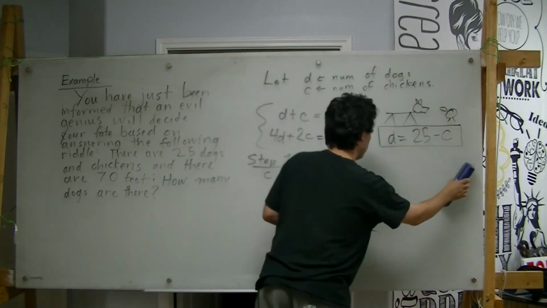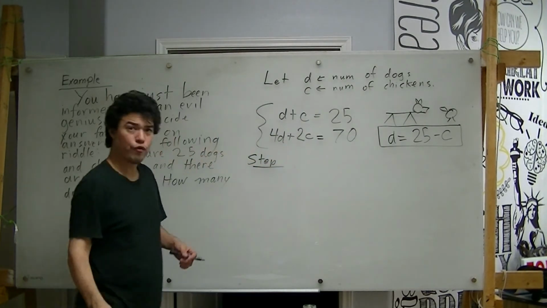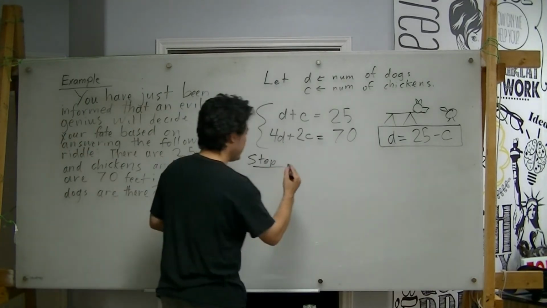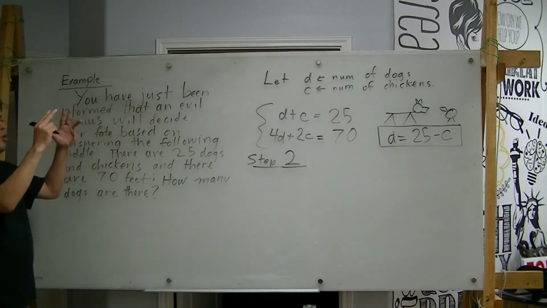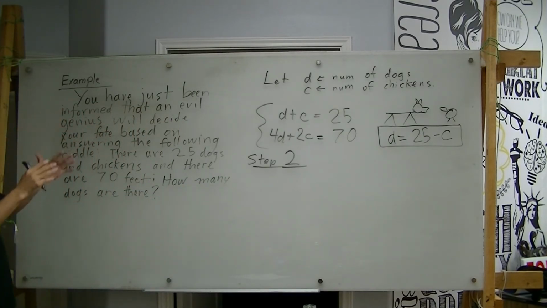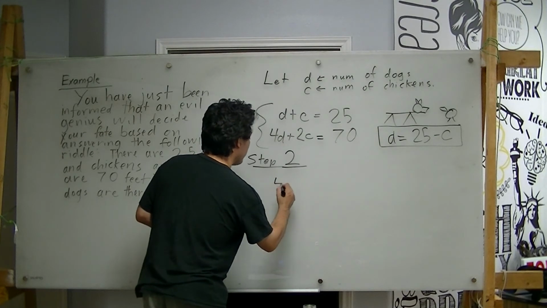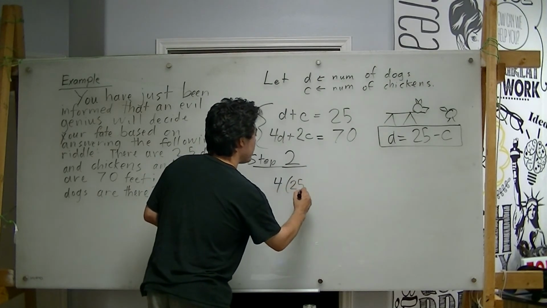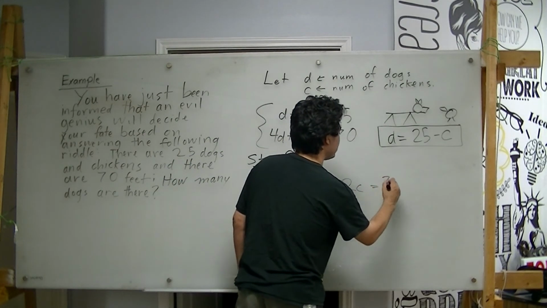So now, just as before, we're going to use this result from step 1 for step 2, the elimination process, where we're going to use this equation for D to replace D in the second equation with this expression 25 minus C, to which it is equal. So our second equation will become 4 times (25 minus C) plus 2C equals 70.